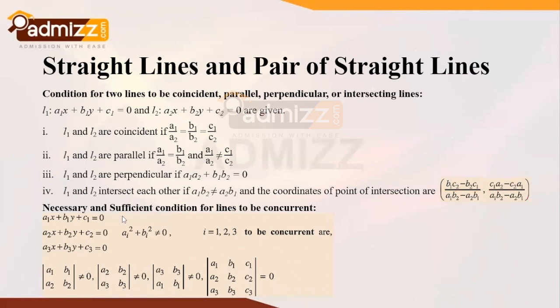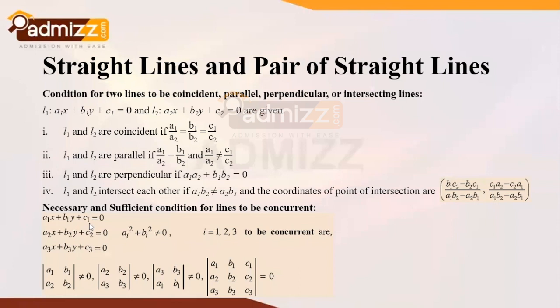Now, the necessary and sufficient condition for lines to be concurrent, that is, they emerge from a certain point. For that, the given lines are a1x plus b1y plus c1 equals 0, a2x plus b2y plus c2 equals 0, and a3x plus b3y plus c3 equals 0.